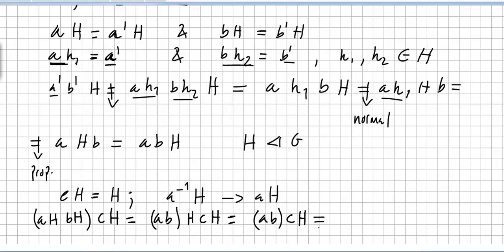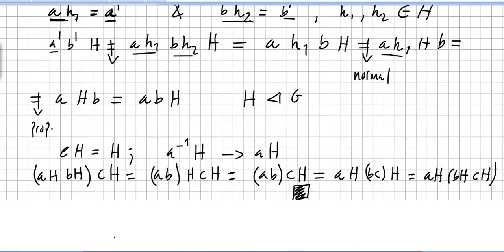And now we can write these two times BCH. And now AH, BH, CH. And this concludes the proof. So we can say that the factor group under that operation is a group.